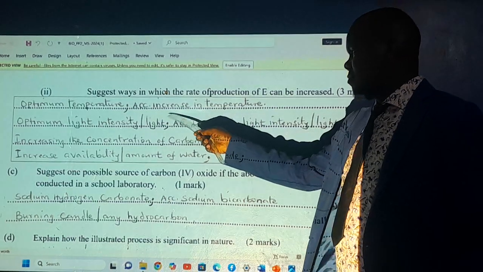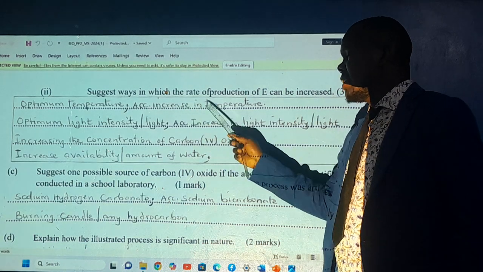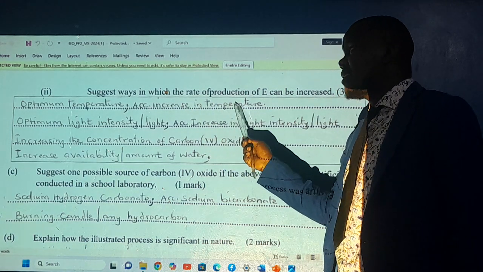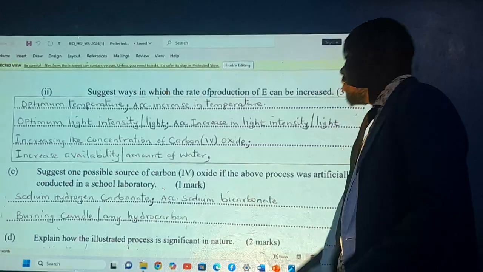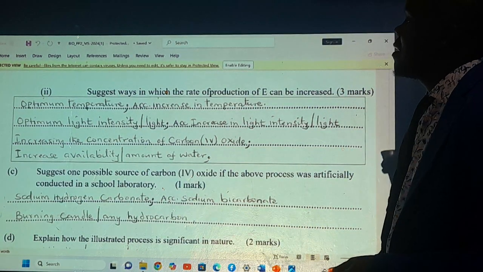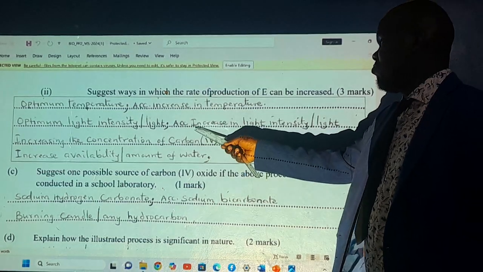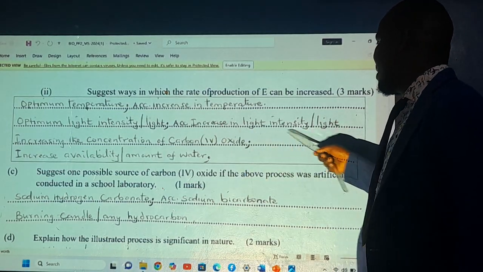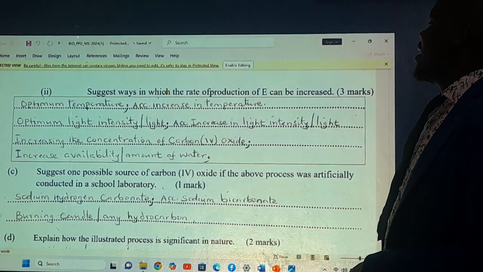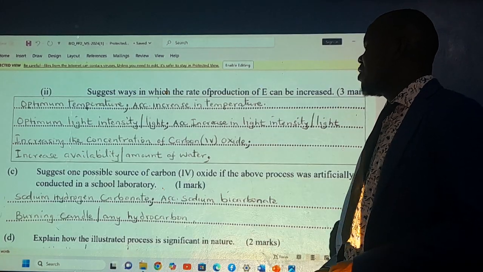They also accepted increase in temperature, but it's not a very good answer. The correct answer is optimum, so the marking was very fair. Then optimum light intensity, also accepting increase in light intensity. Then you increase the carbon dioxide concentration.